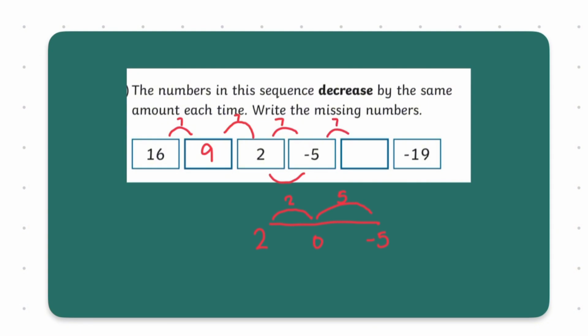So -5 minus 7, but we're going to add 7. So -5 add 7 is -12, and -12 add 7 is -19.